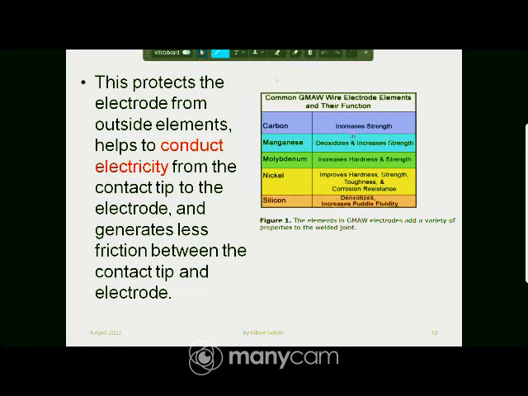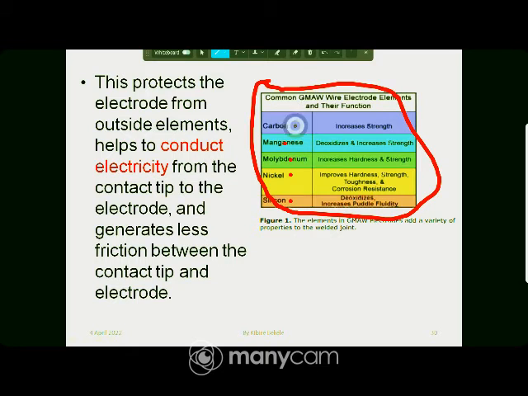So here is the table that shows the composition of the electrode. There is the carbon composition, manganese, molybdenum, nickel, and silicon. Why do we add carbon to the electrode? The carbon increases the strength. The manganese is a deoxidizer and increases the strength, and molybdenum increases hardness and strength without reducing ductility.